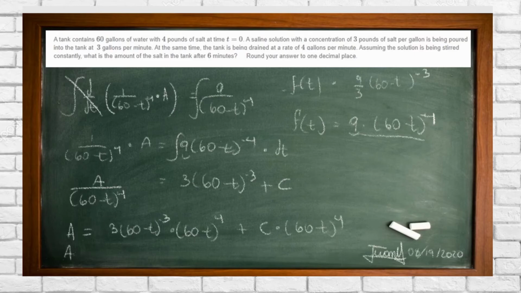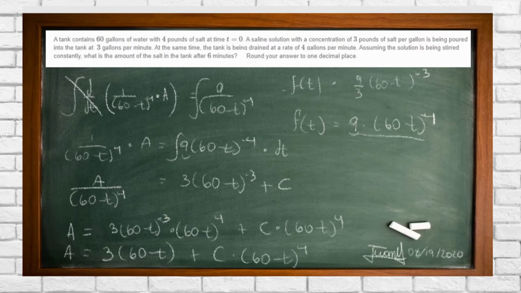So A is going to be equal to, since we have the same variable, and we know that the exponents are -3 and 4, we're going to end up with 3 times (60 - t) to the 1st power, which stays the same, plus c times (60 - t)^4.